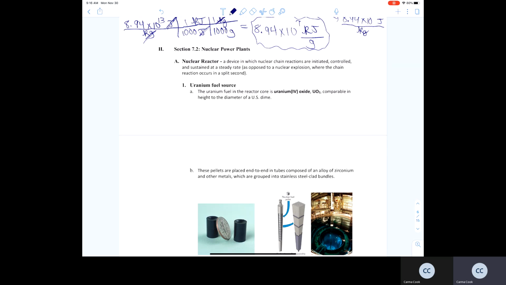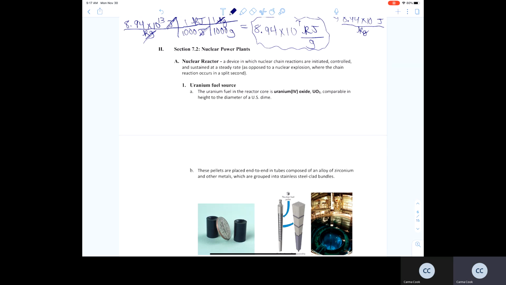So inside the nuclear reactor, these reactions have to be slowed down. They have to be controlled. Not only initiated by bombarding with neutrons, but controlled, so you don't want your nuclear power plant to be a nuclear bomb. You don't want the reactions to happen so fast that they're out of control and you get an explosion. You want them to be controlled, and you also want them to be sustained. You want that chain reaction to keep going at a steady rate.